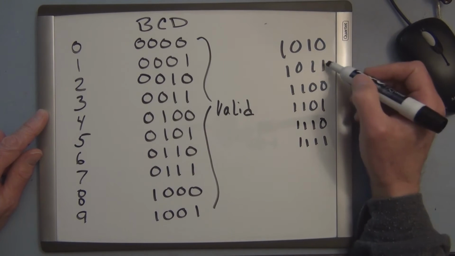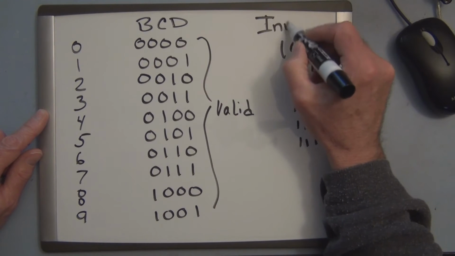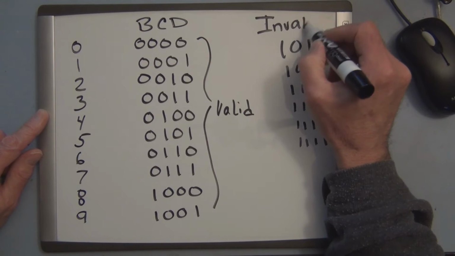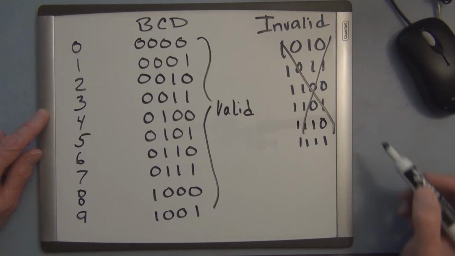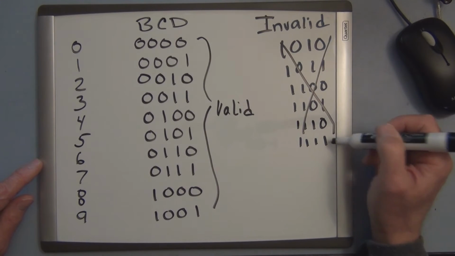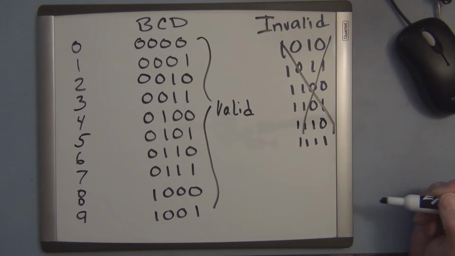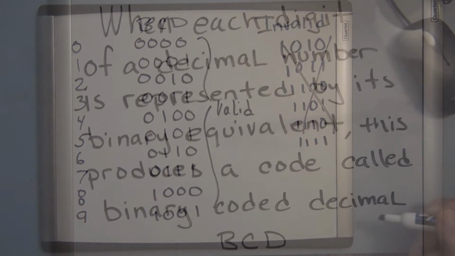So there are 6 of them. These are invalid. If one of these comes up in a BCD system, you know you have an error, because you should not be seeing any of these code groups.